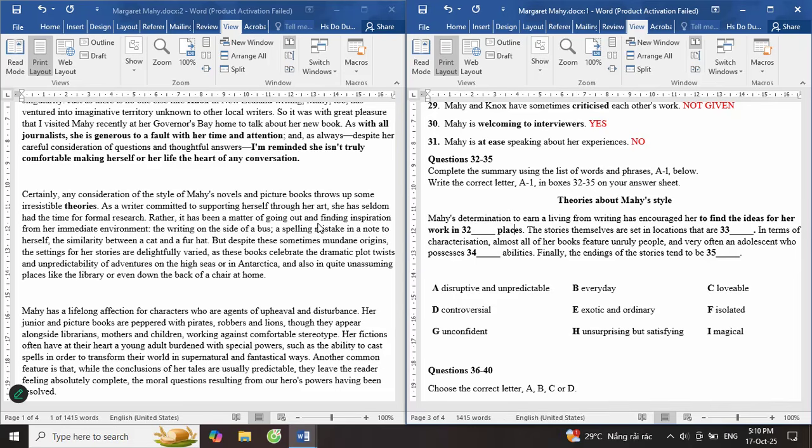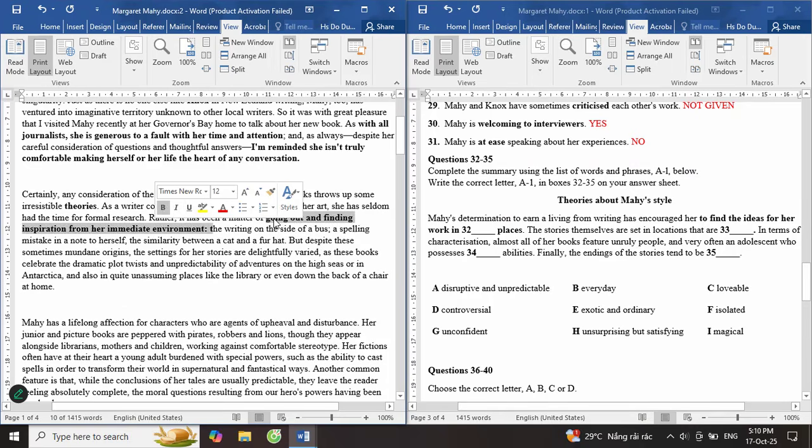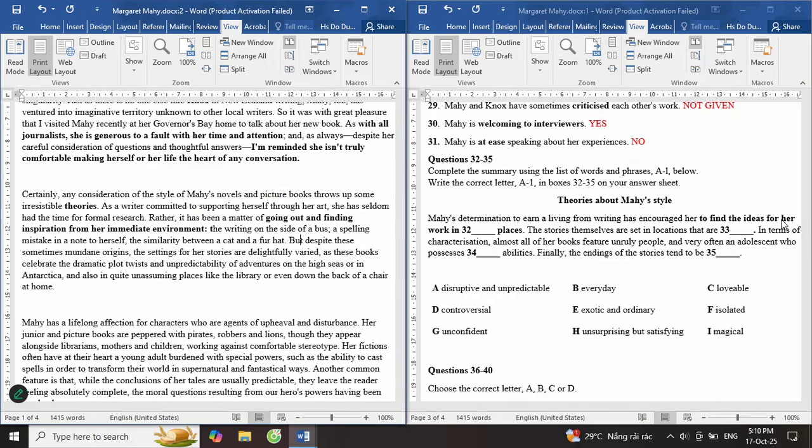And you can see that there's a sentence here: going out and finding inspiration from her immediate environment. This suggests she finds ideas for her work in the immediate environment, meaning the environment around her in everyday life. Therefore, number 32 would be B.